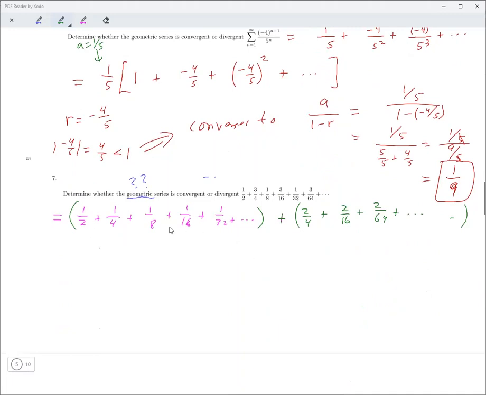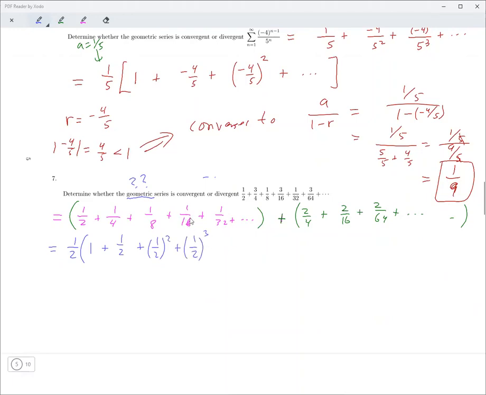Okay, so what we have to do is just figure out how to work both of these. So each of these is a geometric series. That's a geometric series. This is also a geometric series. Okay, so we factor a 1/2 out of here, and that leaves us with a 1 plus 1/2 plus 1/2 squared plus 1/2 cubed.